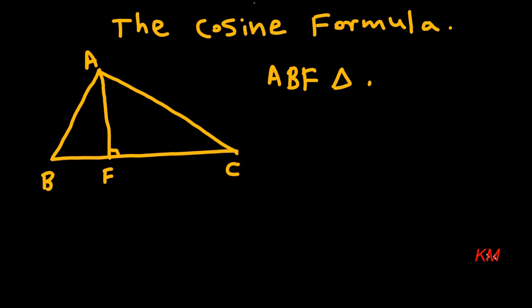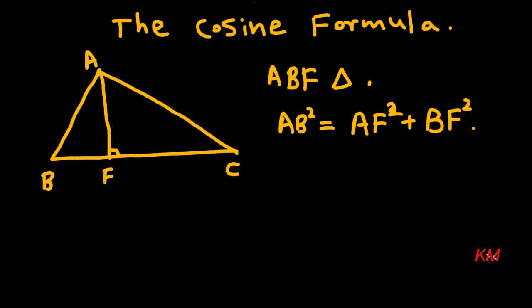According to the Pythagoras theorem, AB square equals AF square plus BF square, and we need to separately write down expressions for AB, AF and BF.